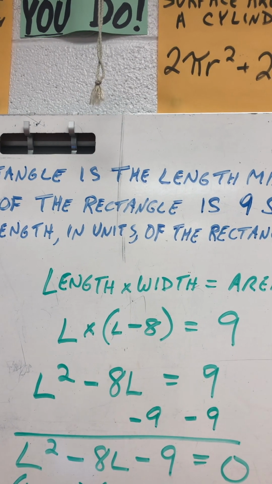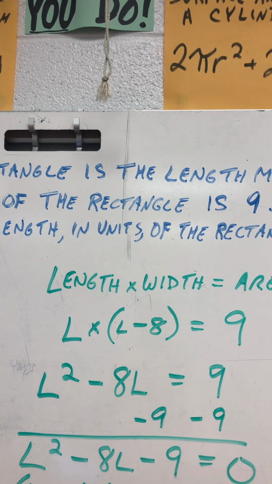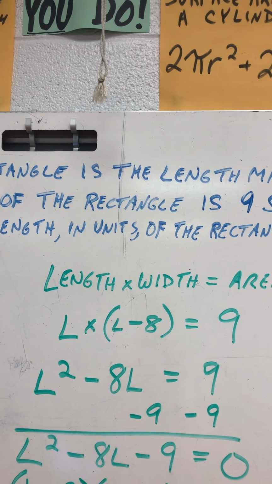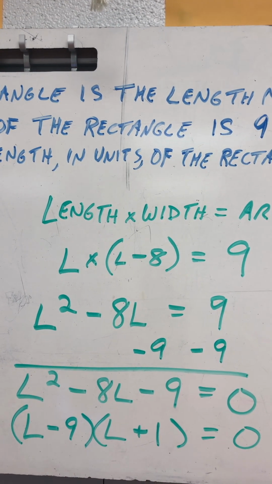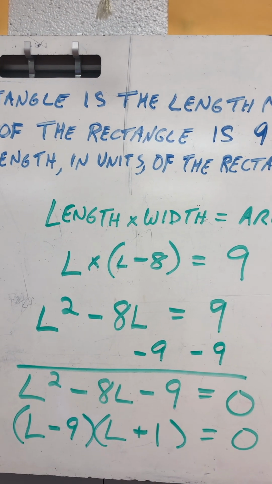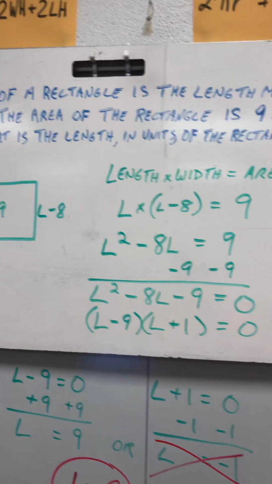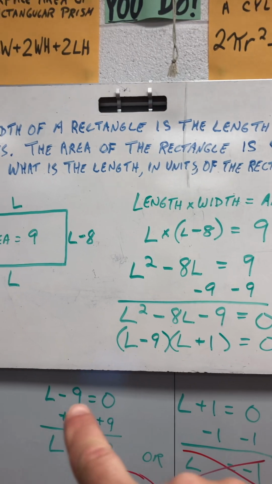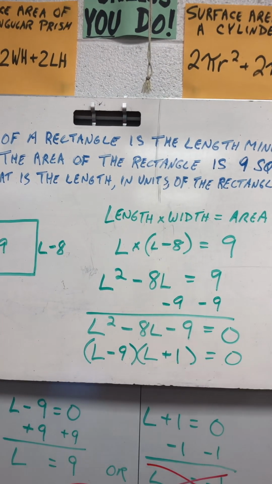Now I have to factor. What times what makes L squared? What times what makes negative 9 that added together makes negative 8? L minus 9 times L plus 1. So now what you do is you separate the two. L minus 9 equals 0. L plus 1 equals 0.